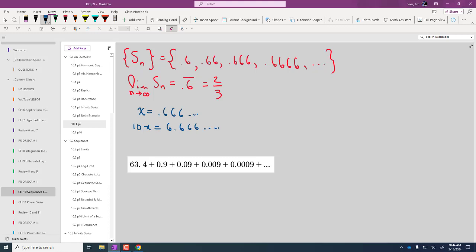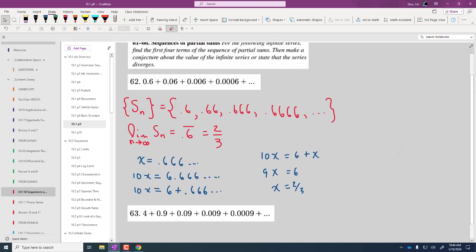Then your decimal turns into an addition. So you get 10x is equal to 6 plus 0.6 repeating. But we already said 0.6 repeating is x. So now we have 10x is equal to 6 plus x. So we get that 9x is equal to 6, divide by 9, and we get 2/3.